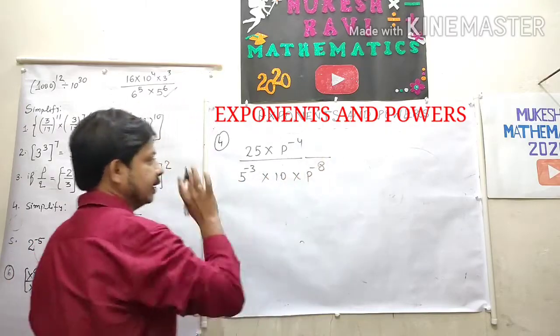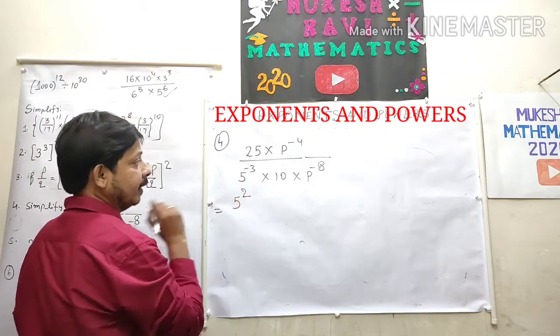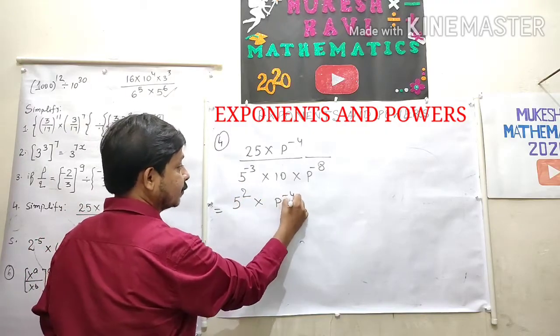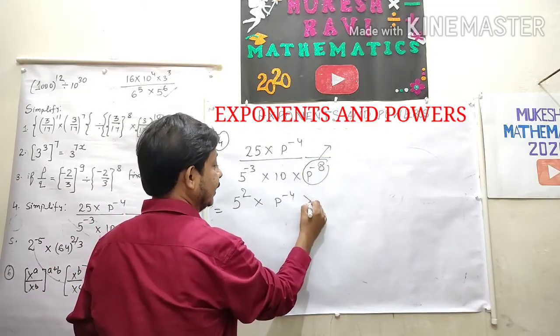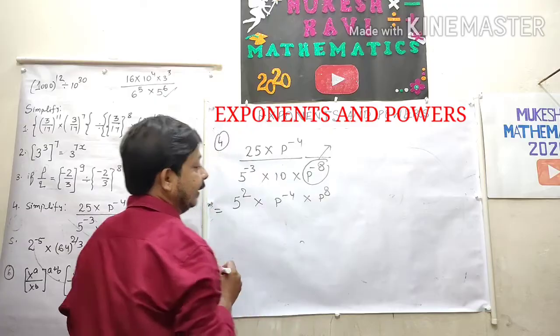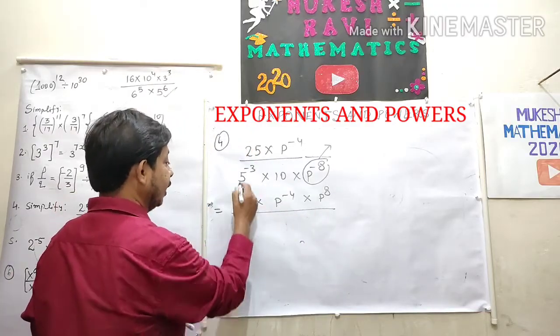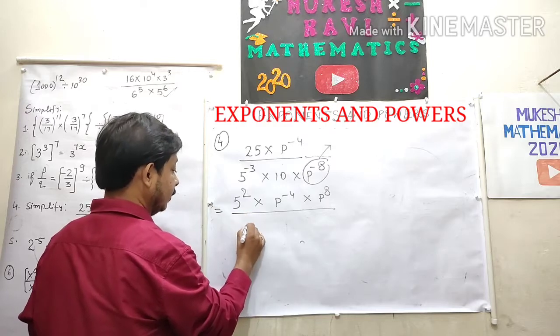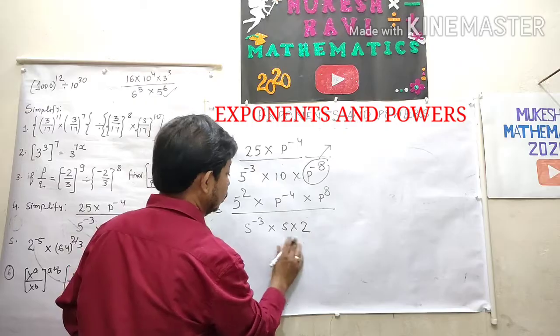We have to simplify, very simple. This is 5 to the power 2, 25, p to the power minus 4, and this will go to the denominator first, that is p to the power 8. I have given this in the beginning only. Now 5 to the power minus 3, this is 5 into 2.